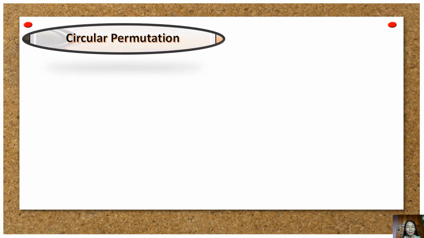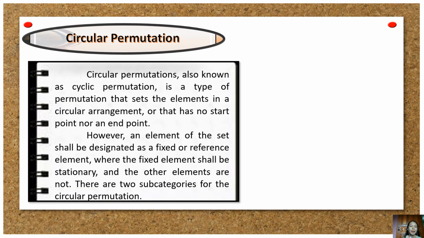Okay, next we have the circular permutation. Circular permutation is also known as cyclic permutation, a type of permutation that sets the elements in a circular arrangement, or that has no start point nor an end point. However, an element of the set shall be designated as a fixed or reference element, where the fixed element shall be stationary and the other elements are not.